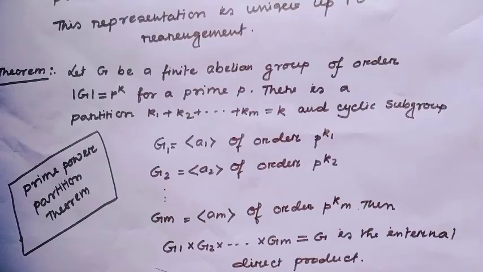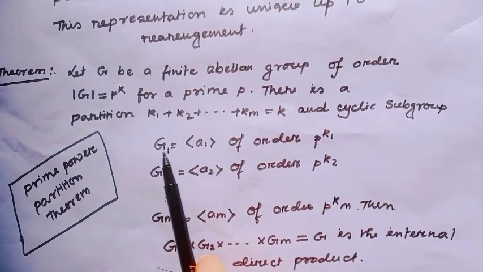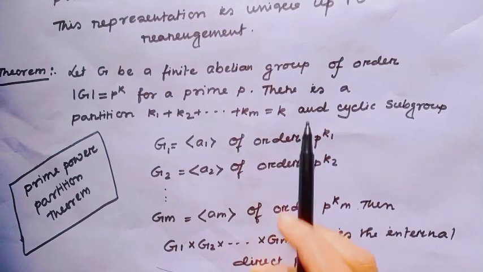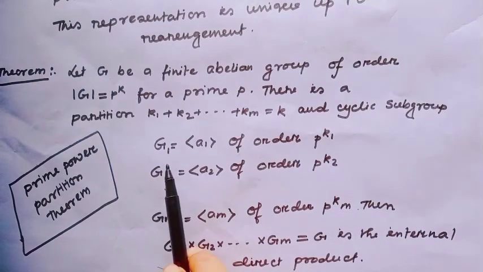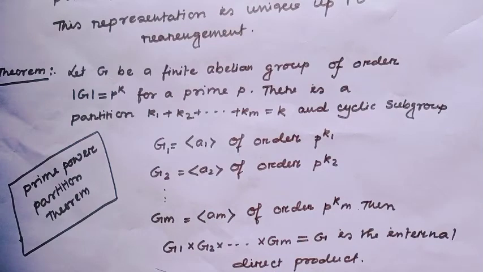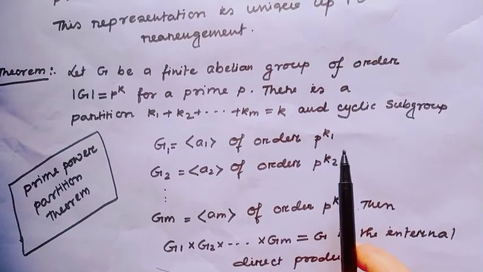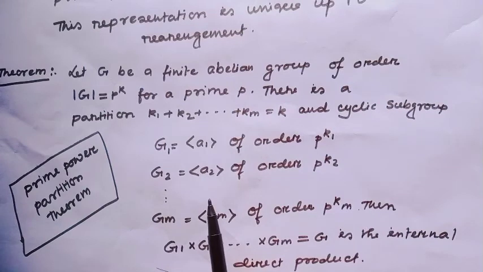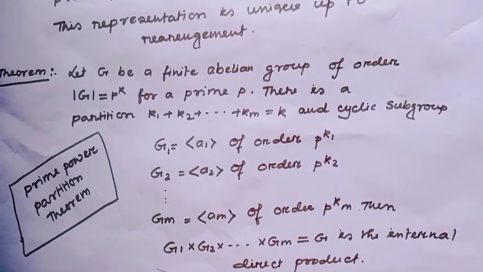Then there is a nice theorem, the prime power partition theorem. Let G be a finite abelian group of prime power order p to the power k. Then there is a partition k1 plus k2 up to km equal to k and cyclic subgroups G1 generated by a1 of order p to the power k1, G2 generated by a2 of order p to the power k2, up to Gm generated by am of order p to the power km.